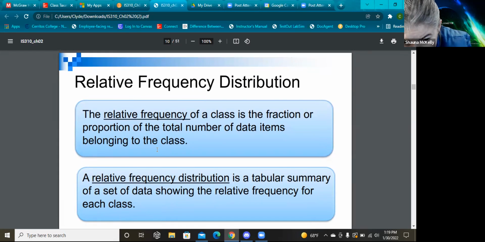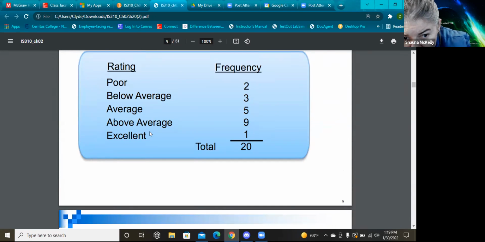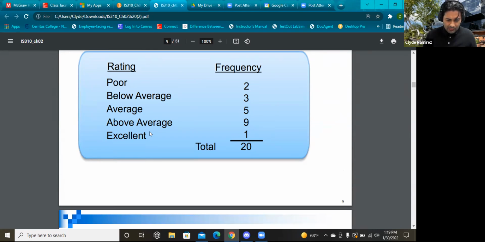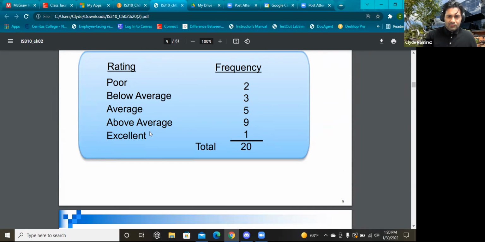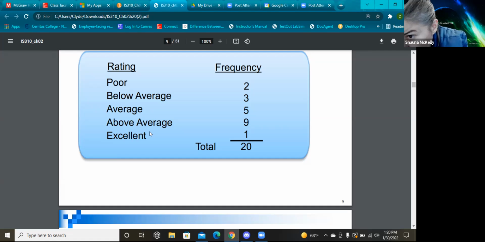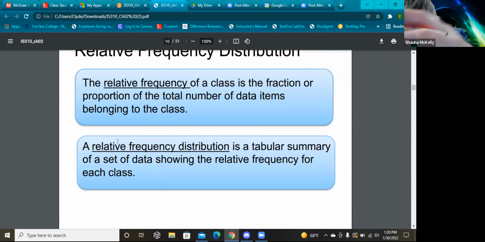So if you go back to the last example, let's say I want the relative frequency of the poor rating. I'm going to take the number in my category, 2, divided by 20. That's 10%, and that would be 0.10 for my relative frequency. And then my percentage would be 10%. That's all that means. Relative frequency means your frequency when considered against the total.